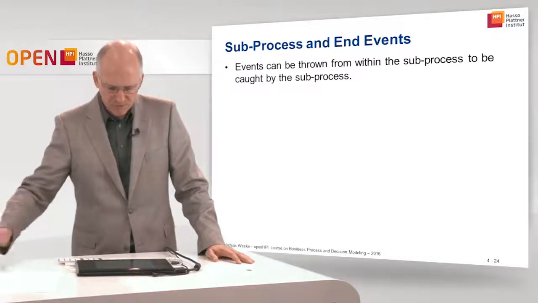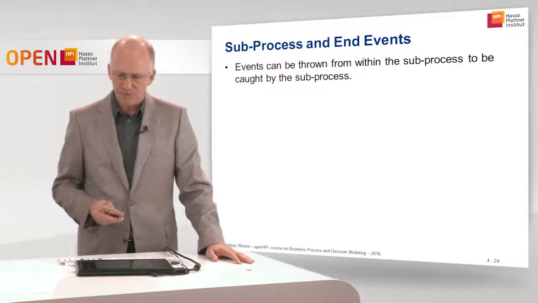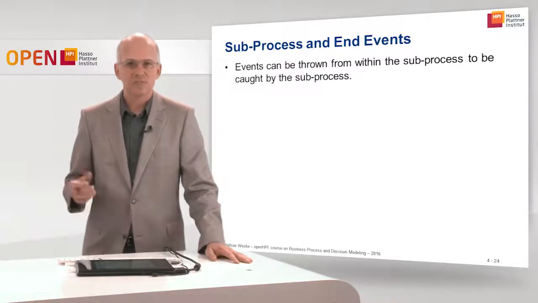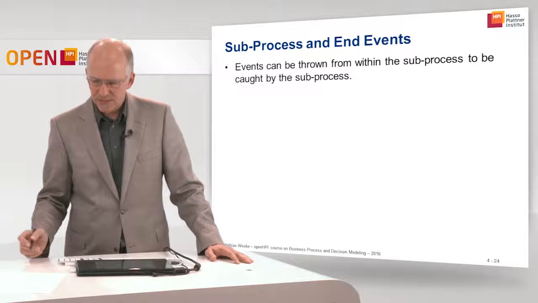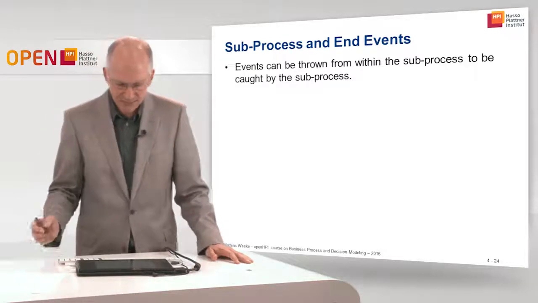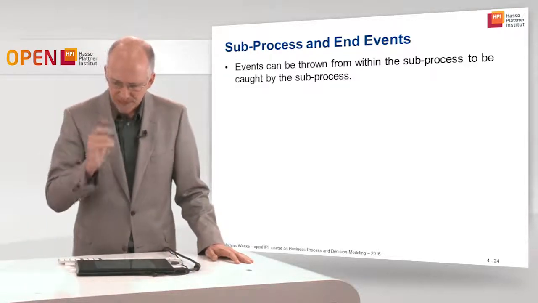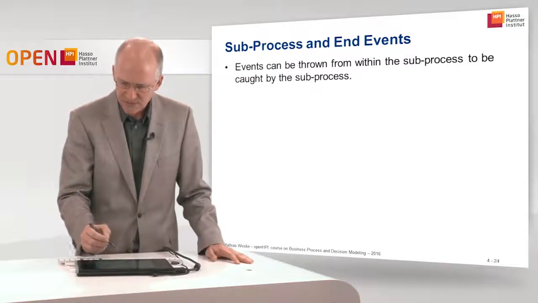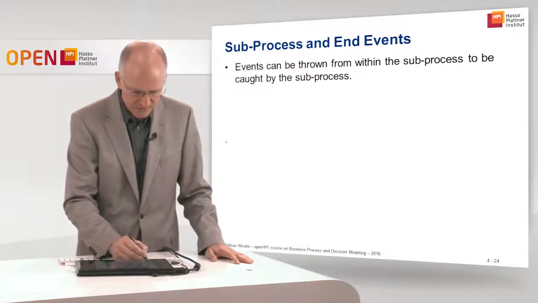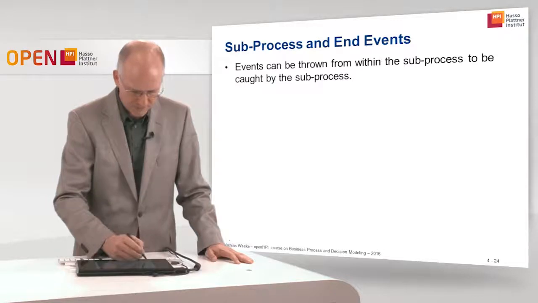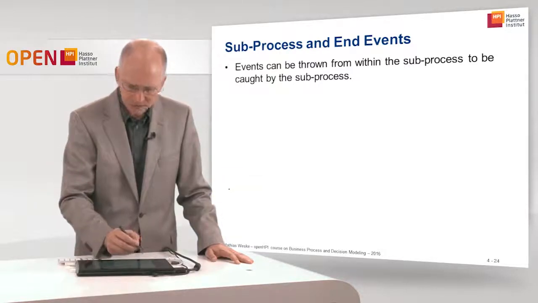Events can be thrown from within the subprocess to be caught by the subprocess boundary. And there is also a typical example that structurally looks quite similar. So let's also try to sketch that.